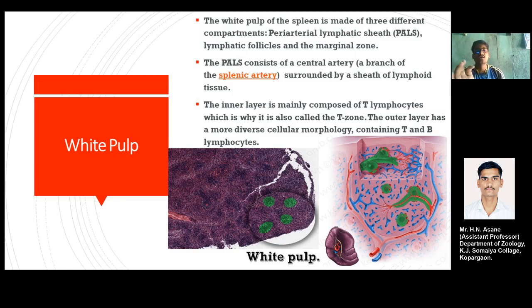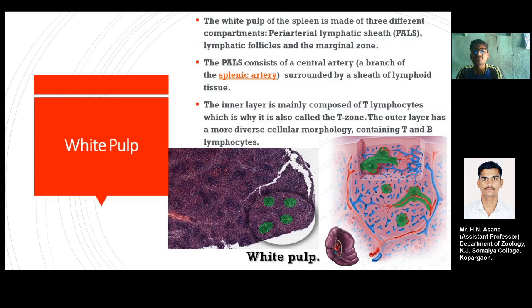And the outer layer has more diverse cells, macrophages, and contains T and B lymphocytes.